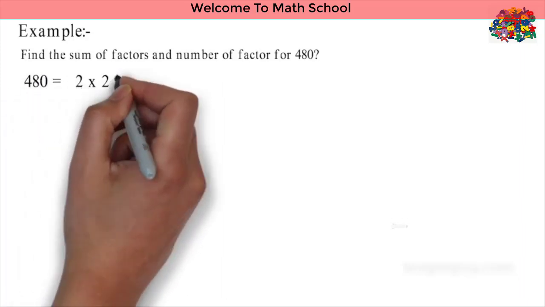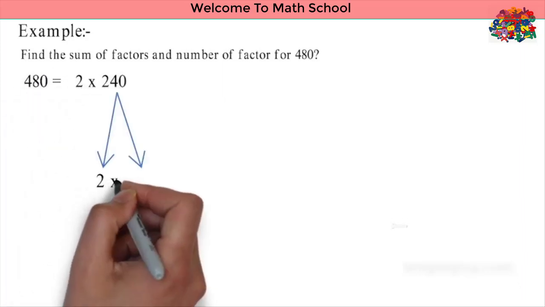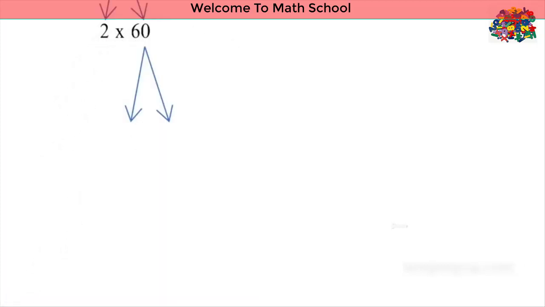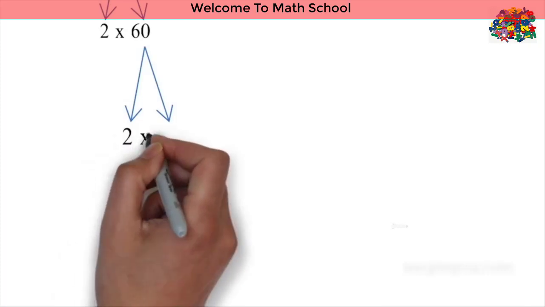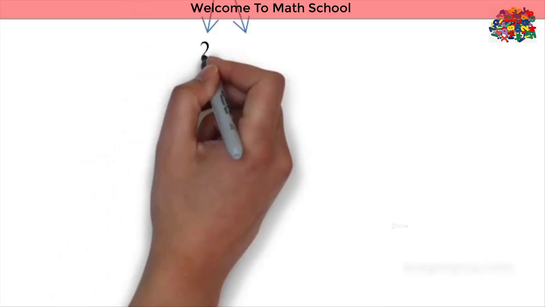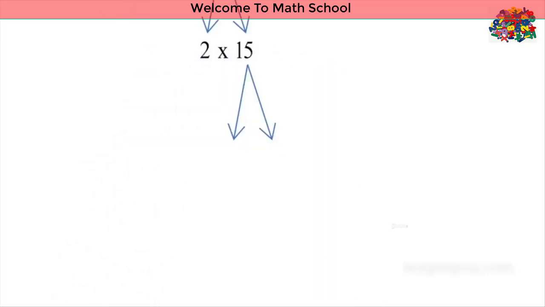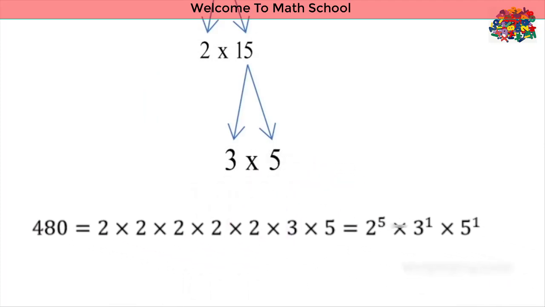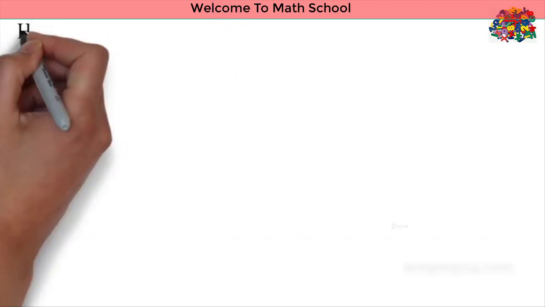So 480 can be written as 2 into 240. 240 can be written as 2 into 120, 120 as 2 into 60, 60 as 2 into 30, 30 as 2 into 15, and finally 15 can be written as 3 into 5. So the product of all the prime factors is 2 into 2 into 2 into 2 into 2 into 3 into 5, that is 2 to the power of 5, 3 to the power of 1 into 5 to the power of 1.